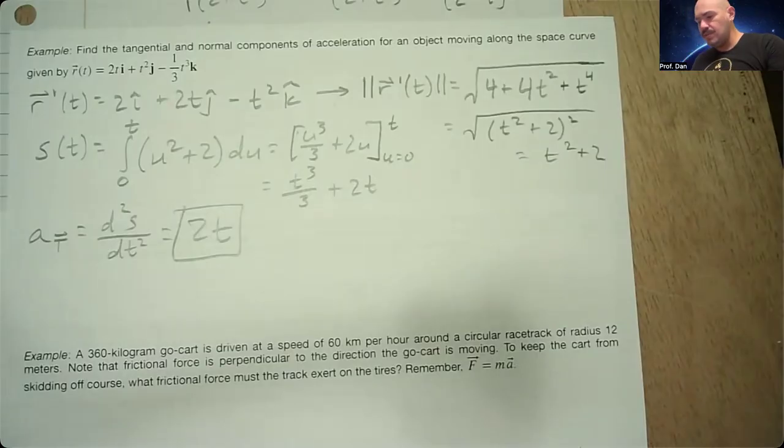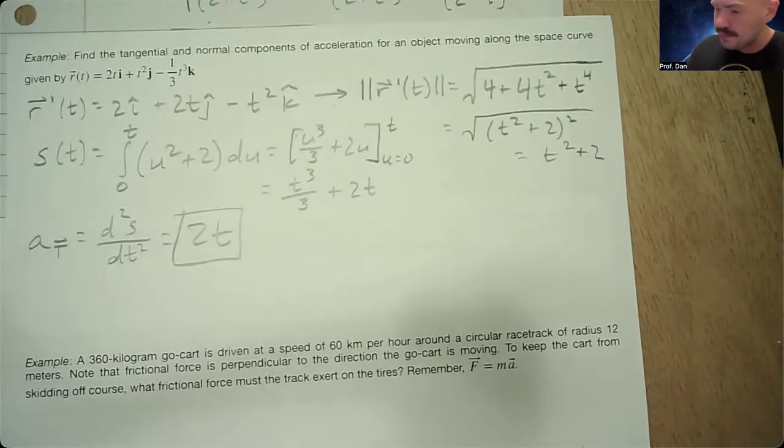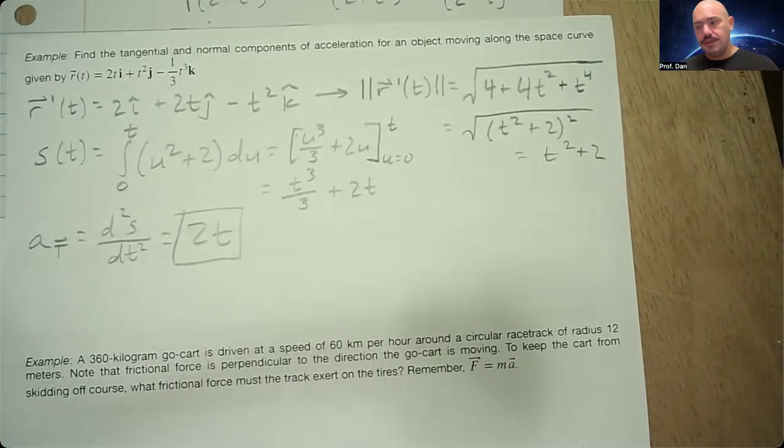If I want to find the normal component, then I need to figure out my curvature kappa. To do that, we would need to know our unit tangent vector as a function of arc length.